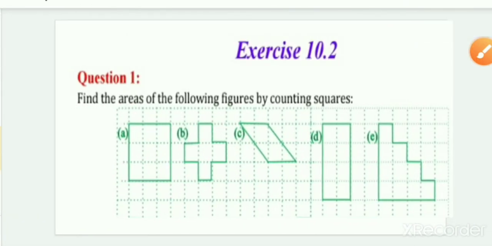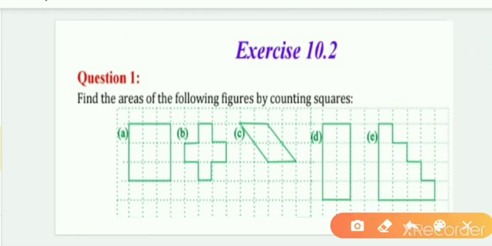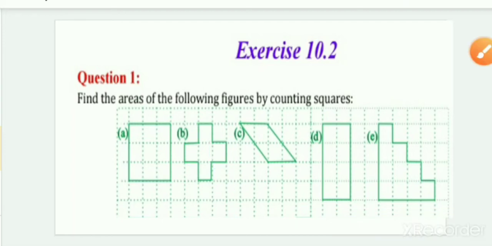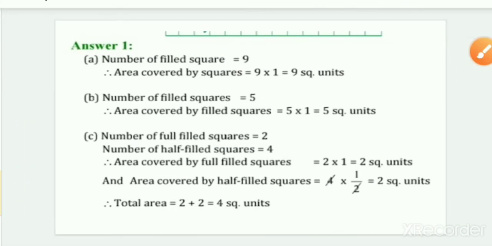Now moving to the B part. Now count the squares. See, this is the first square, this is the second square, this is the third square, this is the fourth square, and this is the fifth square. If you see it exactly, its shape will be like this. It means it has 5 squares, right? The area of 1 square is 1 square unit.